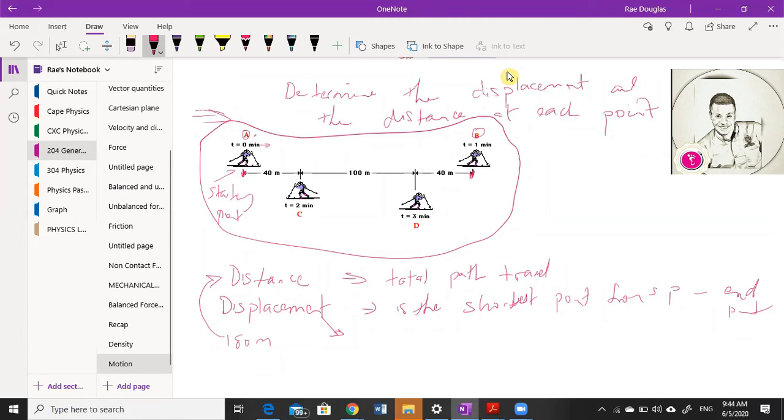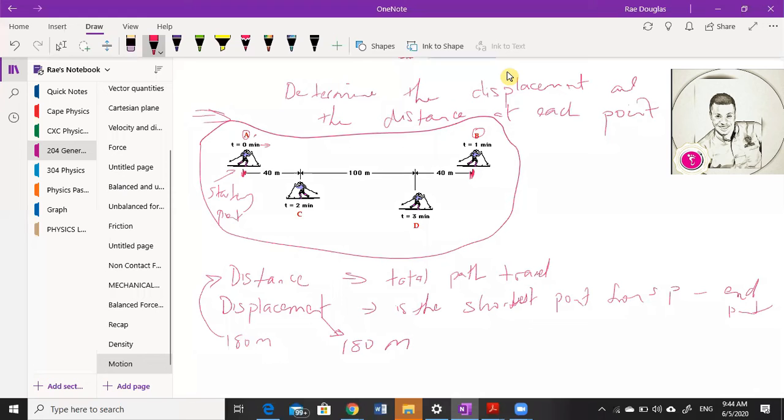So Chelsea, by the way, the first thing that you said was correct. The 180 meters for the distance is correct. So that's the total path that he had traveled. Now, clearly, guys, in this case, the displacement would be the same value as the distance. So it's still going to be 180 meters.